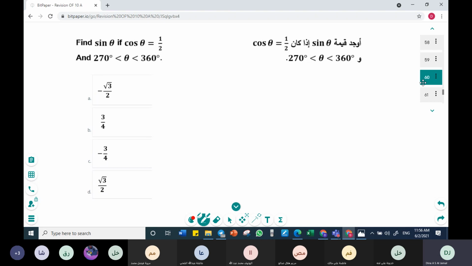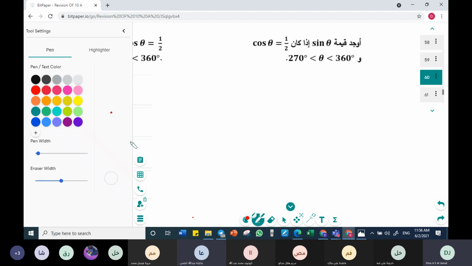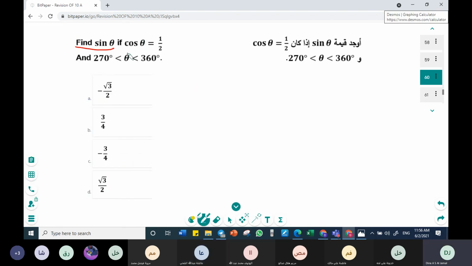Aisha, read the question. Find sine theta if cosine theta is equal to 1/2 and 270 is less than theta. Do we read it like this? Start always from the variable. Theta is bigger than 270 and theta is bigger than 360.